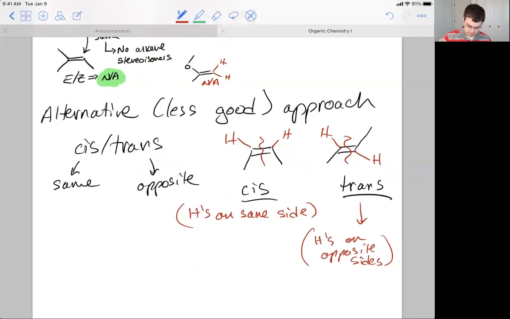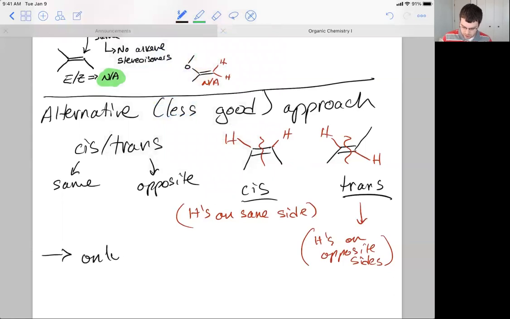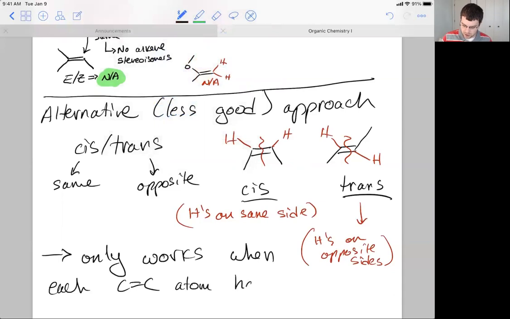Okay. This less good approach only works when each double bonded carbon atom has one H atom.